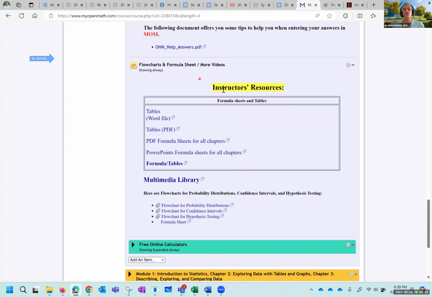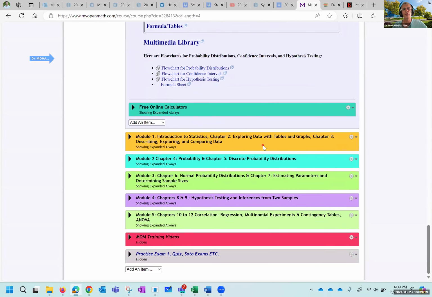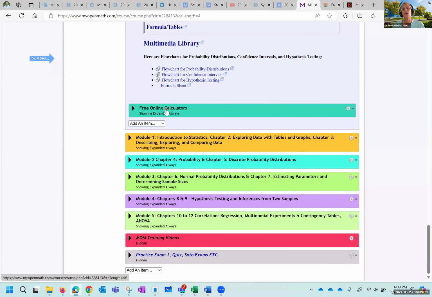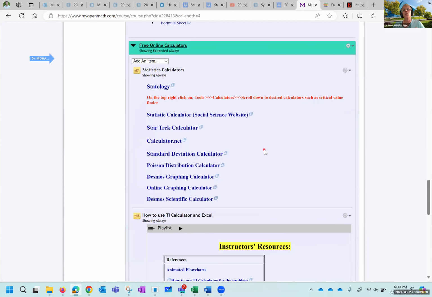Flow charts, formula sheets from me, from the instructor, multimedia library, free online calculators. I want to show you that there are so many online calculators here, as I mentioned in my syllabus. If you want to use them, you have to get familiar with them.